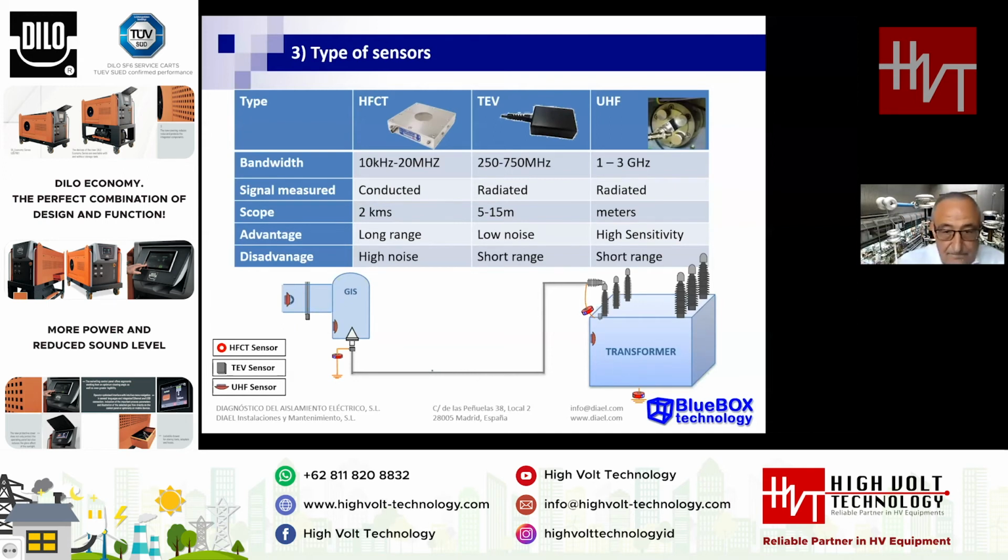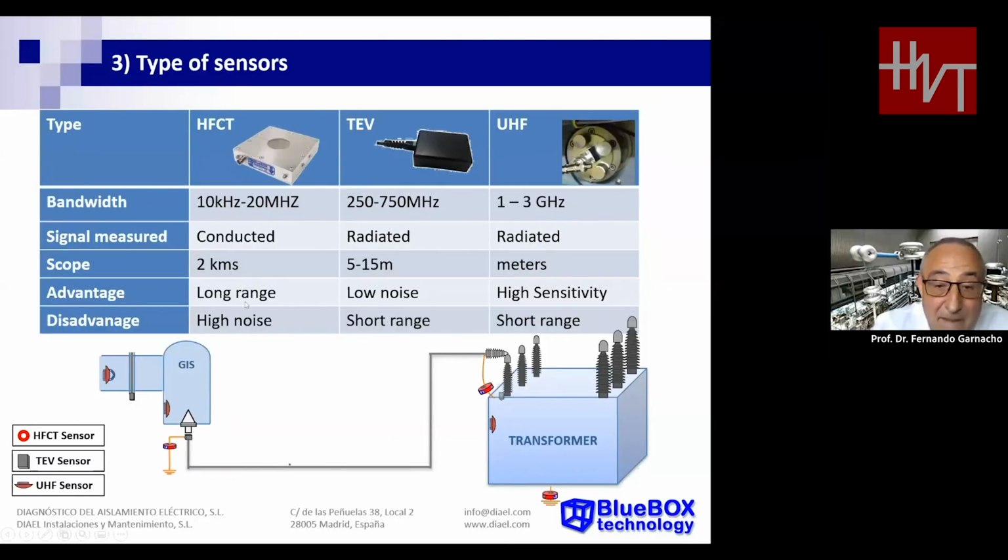And depending on what kind of sensor is used, we have more capability to measure partial discharge that appears very far away. And of course, you can see in a substation, we have many capabilities to measure partial discharge in the transformer, in the GIS, in the cable, using the high frequency current transformer, because all partial discharge travels along the conductor of the cable, and these pulses are transmitted through the capacitance of the cable.